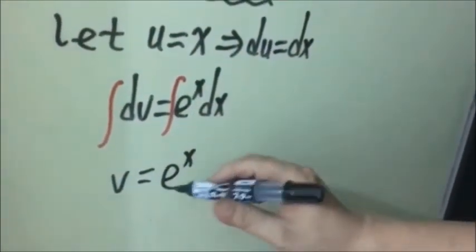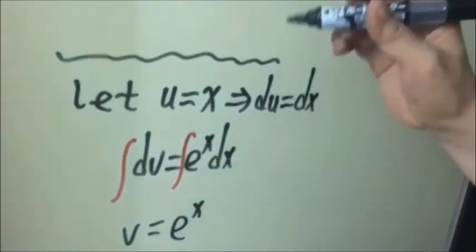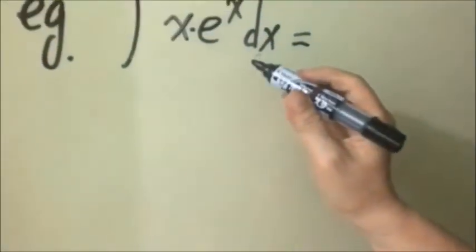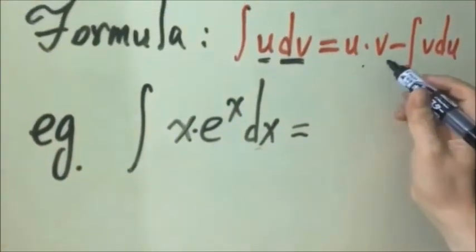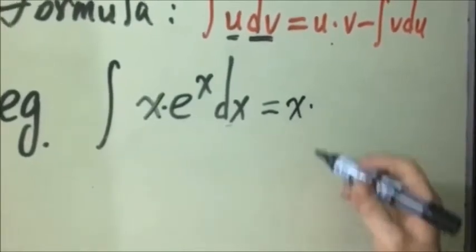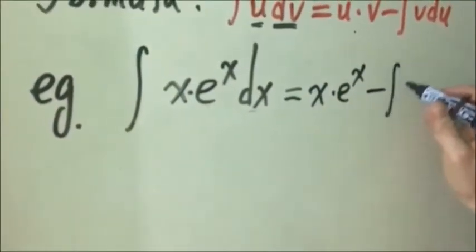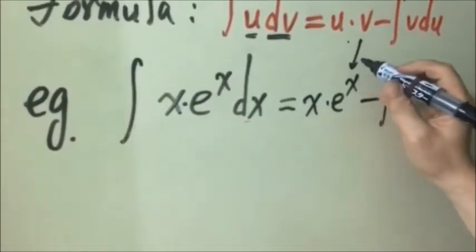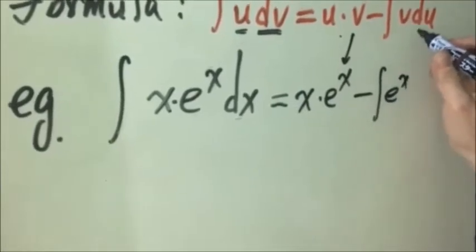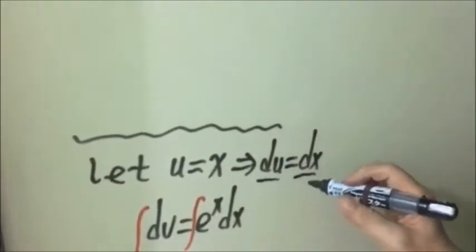So v is e to the x. Then we write the form u times v, where u is x and v is e to the x, minus the integral of v, which is e to the x, and du is dx.